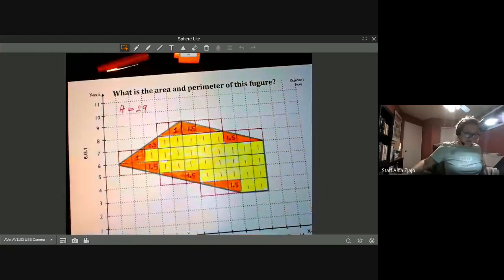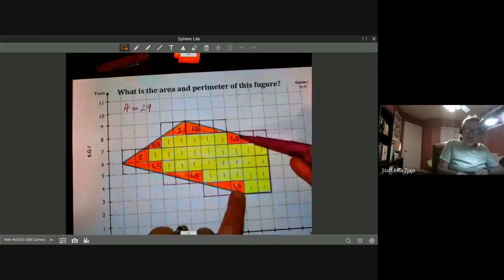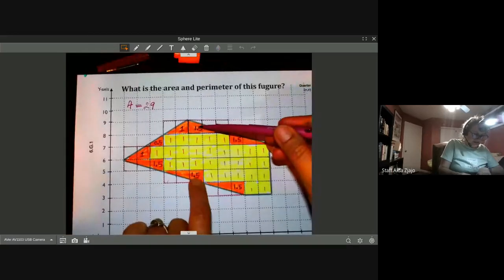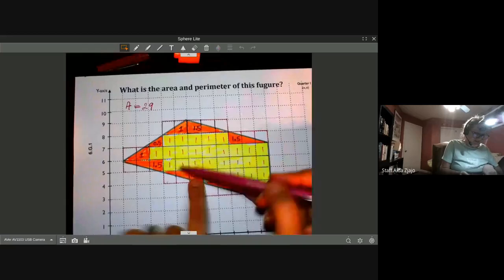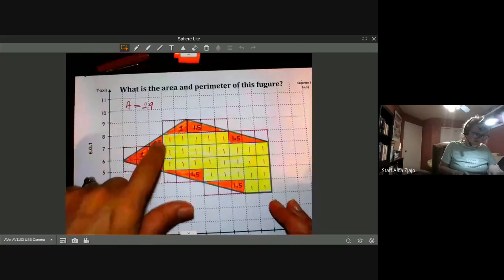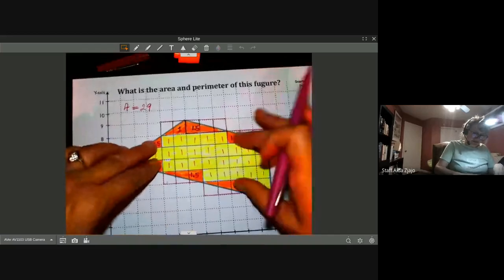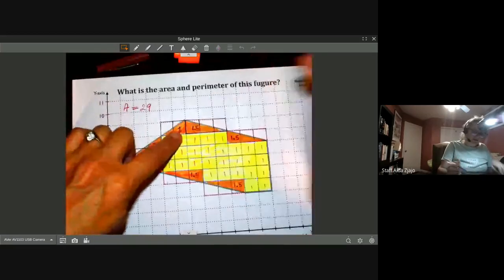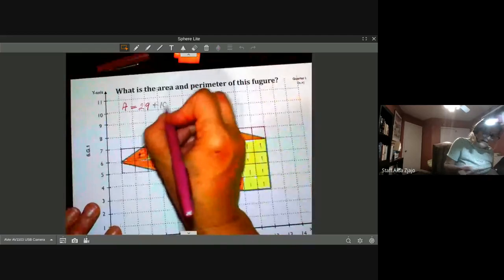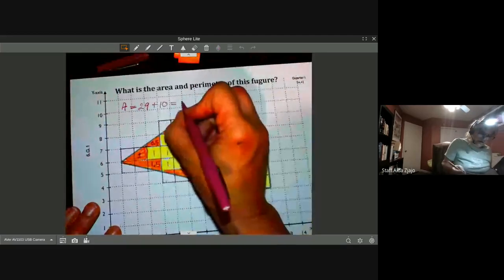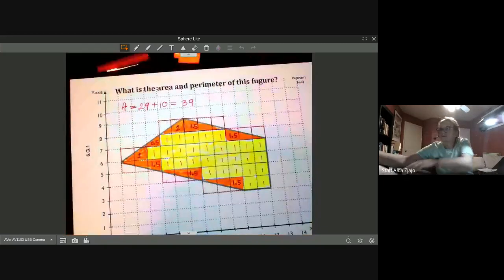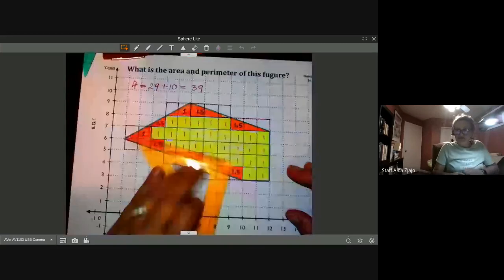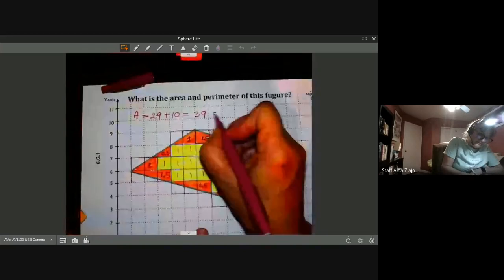Then I combine 1.5 and 1.5, which is 3, and these two give me another 3, so that's 6. This 1.5 and that 1.5 give me another 3, so 6 and 3 is 9, plus 1 is 10. So 10 plus 29, the total is 39 square units. If these were centimeters, I could say so, but they're a little bit greater, so we say square units.